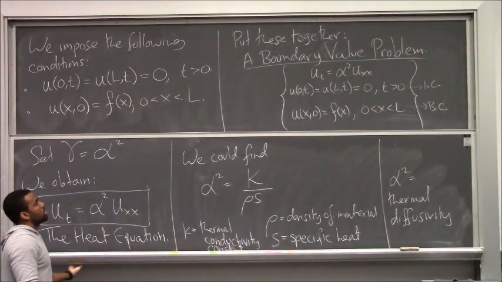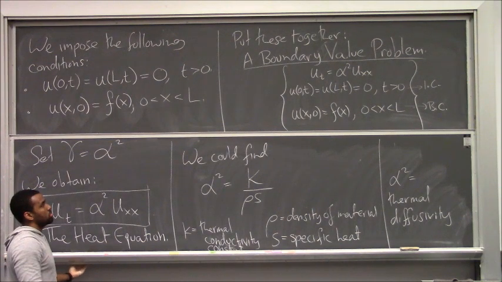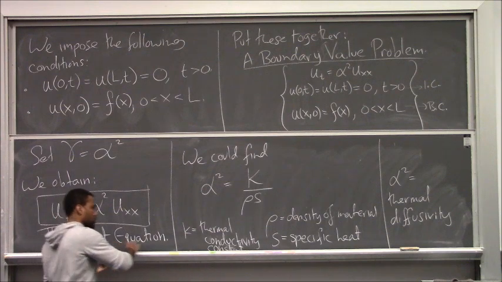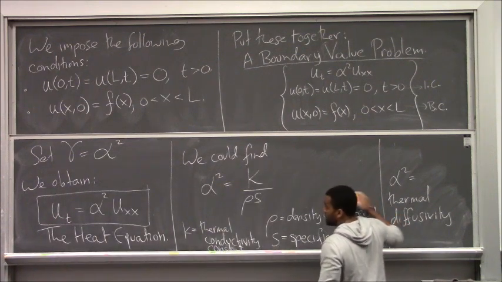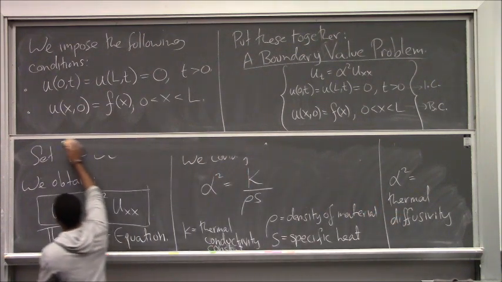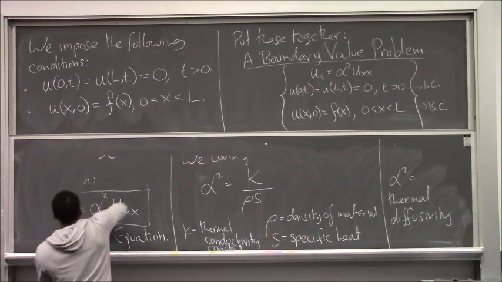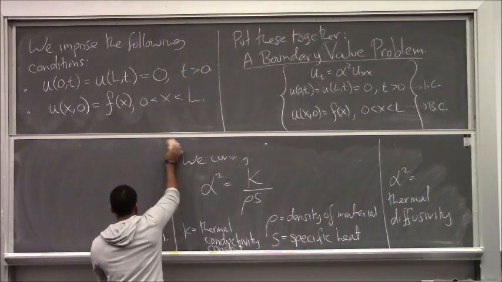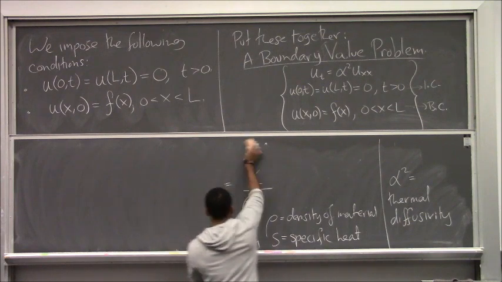What is IC? Initial condition, and BC is boundary condition. Those 2 phrases don't make too much sense here because we're considering a one-dimensional thing, but as you go beyond this, you'll realize why these things are named that way.